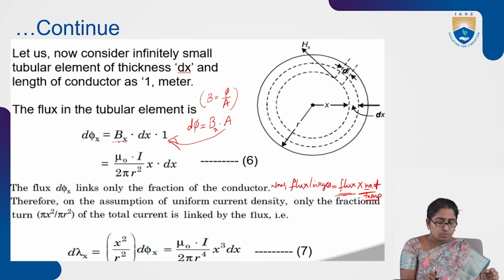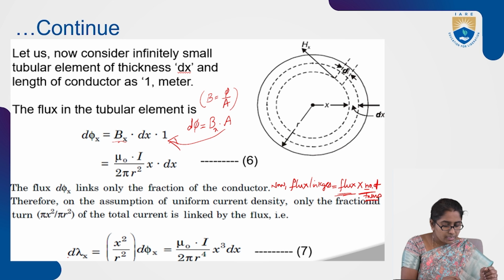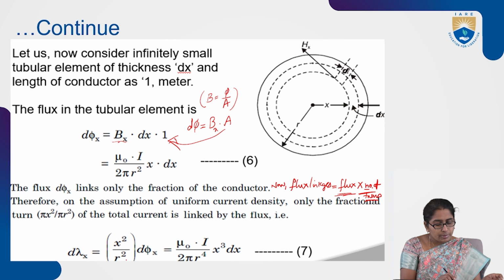So d psi is equal to flux into, with respect to the total conductor, x square by r square, that is pi x square by pi r square, into d phi x.